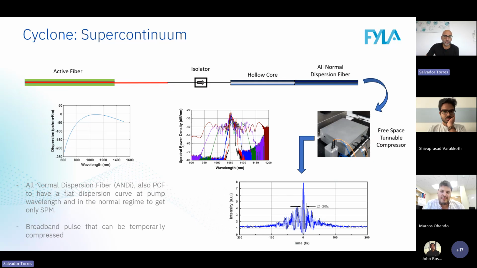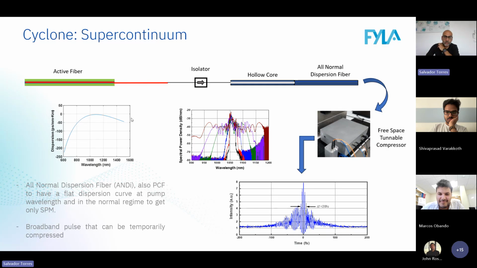Finally, in the supercontinuum generation stage, a photonic crystal fiber is also used, but this is designed to have a completely normal dispersion and also flat and close to zero. This ensures that only self-phase modulation appears in the fiber section, obtaining a spectrum like this.